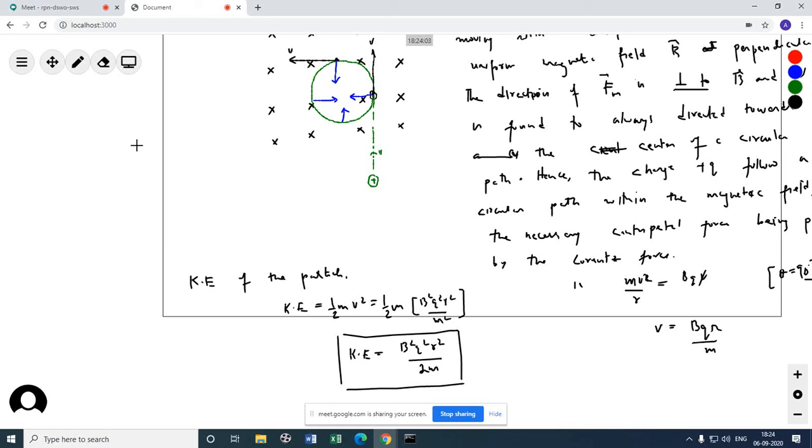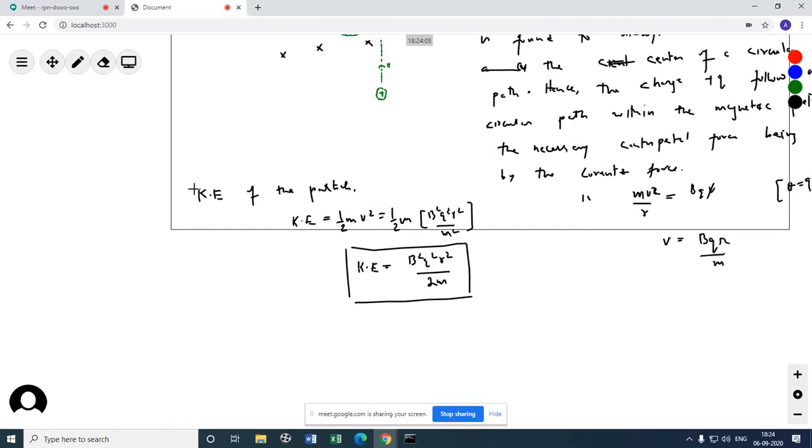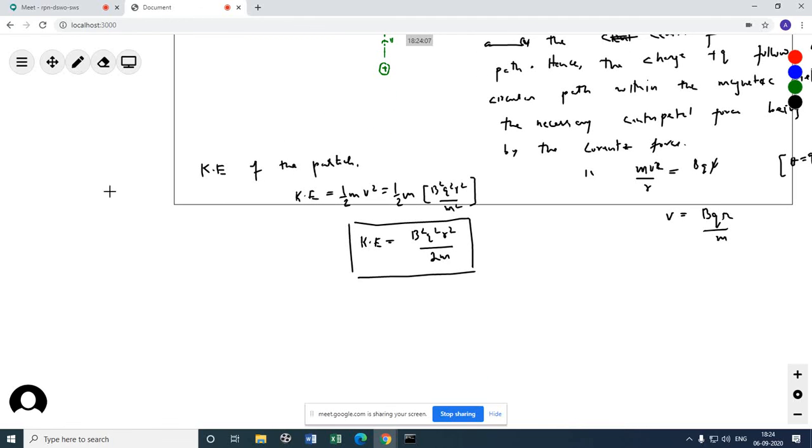Now one more thing. The angular velocity omega is equal to theta by t, or we can write this as 2 pi by t, remember that.